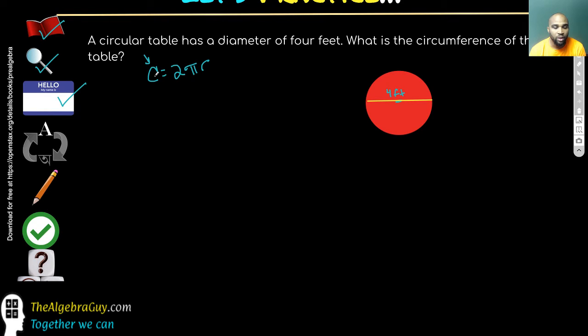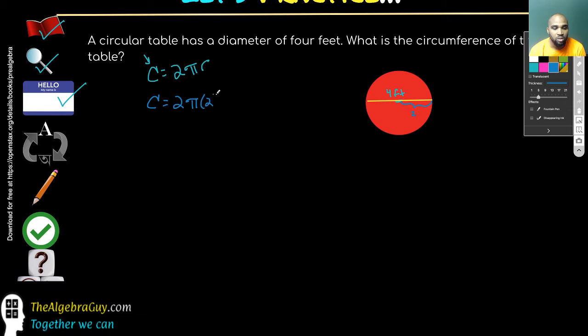So we're looking for circumference. We have 2 pi, that doesn't change. And radius is what we need. If my radius was here, it wouldn't be 4, but it would be half of 4, it'd be 2. So when I rewrite this, it's going to be 2 pi times 2, which is the same thing as 4 pi.